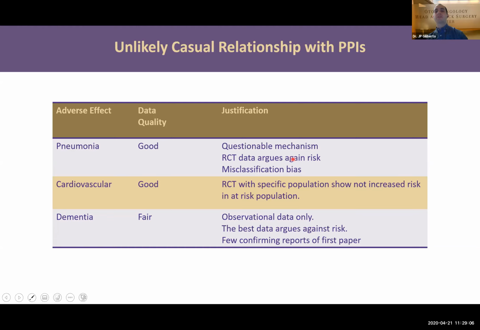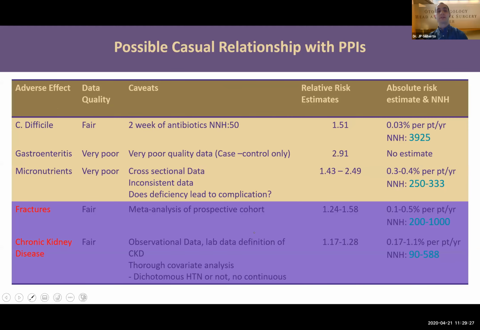Particularly for pneumonia, we saw the mechanism is questionable, and the randomized controlled trial argues against the risk as well as the mechanism. And for cardiovascular data, the best quality data that we have shows that the increased risk is not necessarily there. And then for dementia, we saw that the later, better quality observational data argues against any risk.